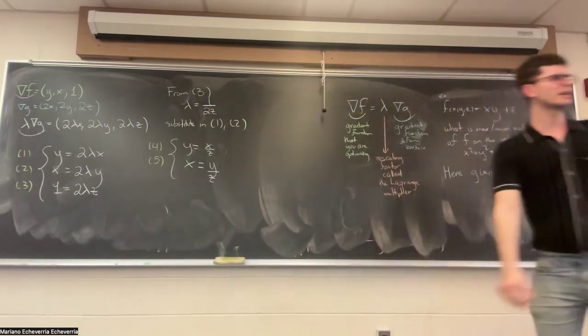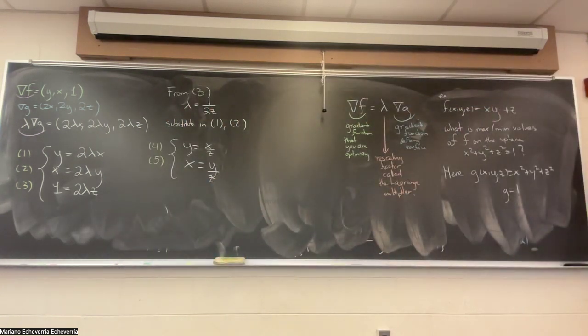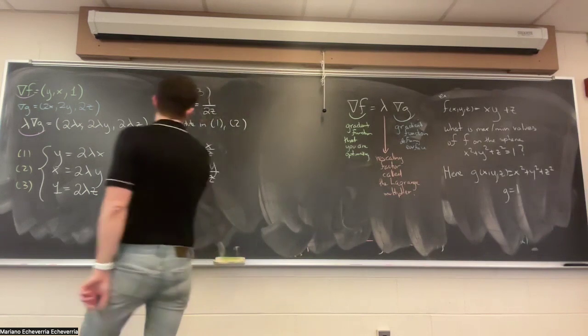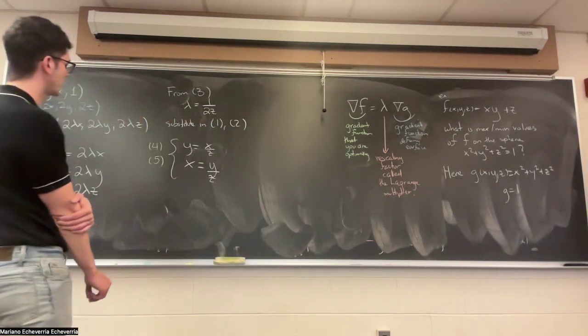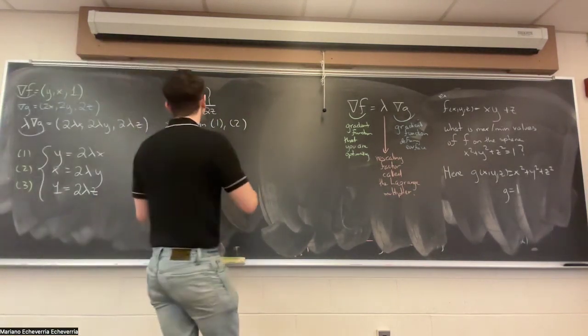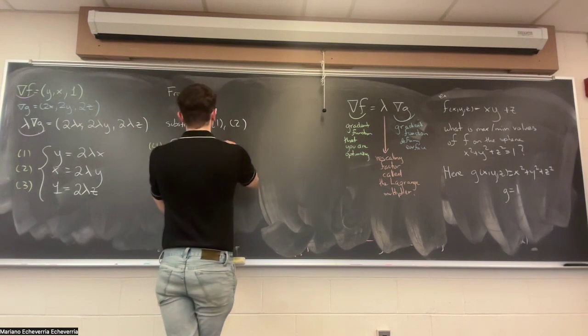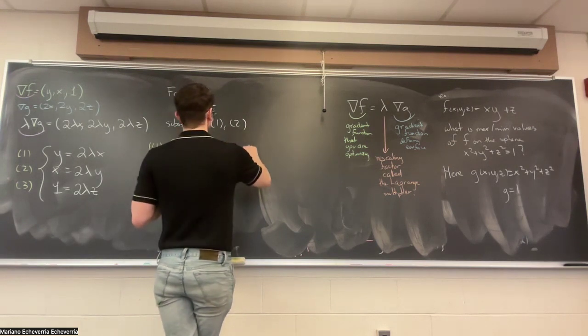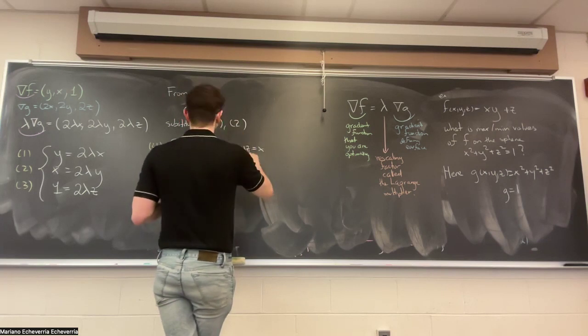Okay, anything else? Okay, now, how do you solve this? There are a couple of ways you can do this. If you multiply by z on both sides, you have y z equals x, which looks a little better than x z equals y.